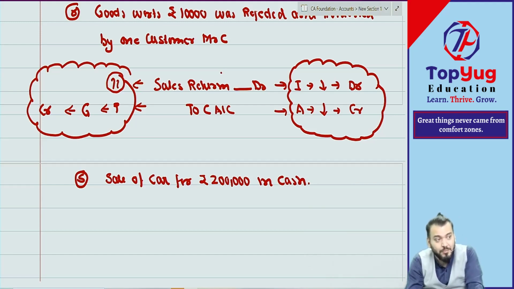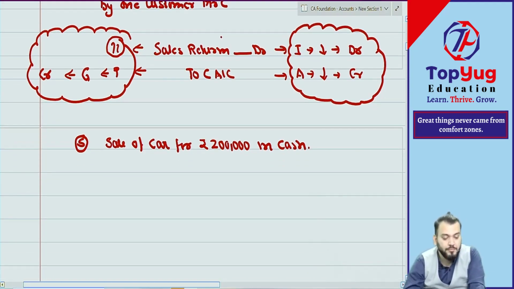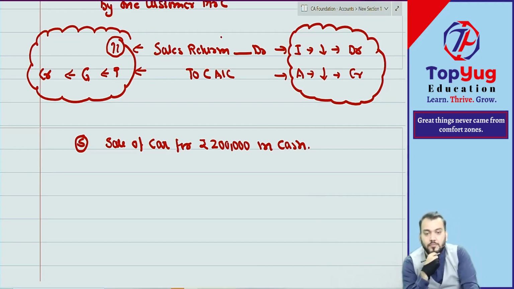Correct? The sale of car for rupees 2 lakh in cash. If nothing is given, it will be business car. Okay.